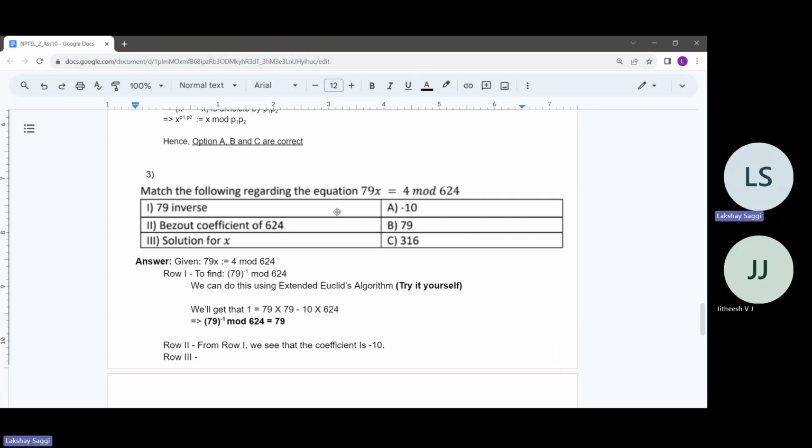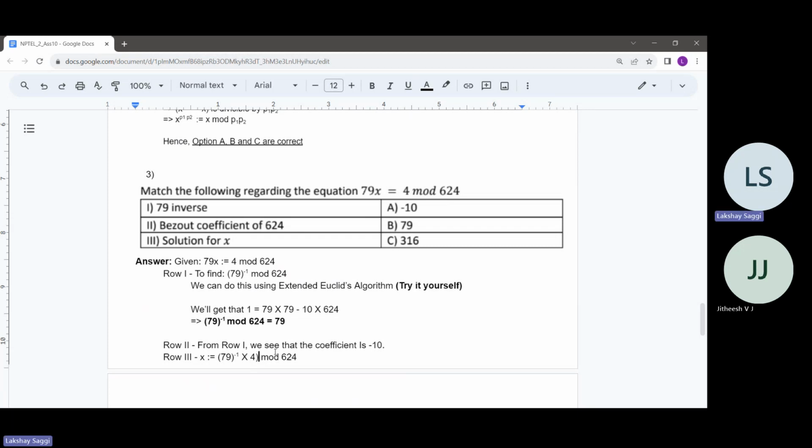We can easily see that x is nothing but 79 inverse, since 79x was equal to 4 mod 624, so we took 79 inverse on this side times 4 mod 624.